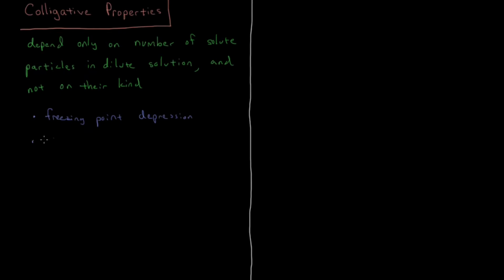Okay, and then another one we can talk about is boiling point elevation. Just as the freezing point for a given liquid will go down when you include particles in a dilute solution of it, the boiling point will go up. If you add some solute to water, the boiling point of water will go up.